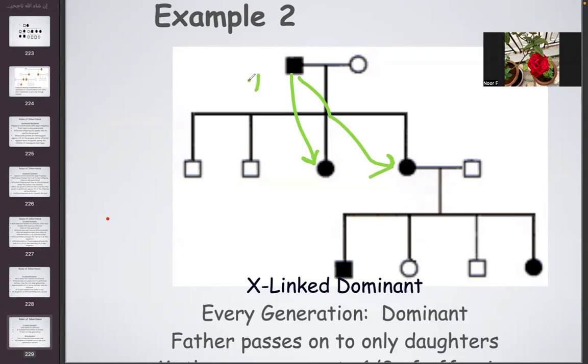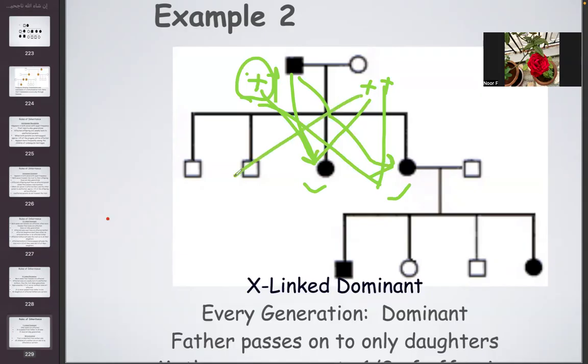This is because the daughters will definitely receive one X chromosome from the father, that is the affected chromosome. And since this is an affected chromosome and it is a dominant condition, both daughters are affected.